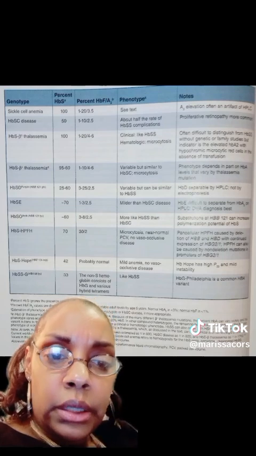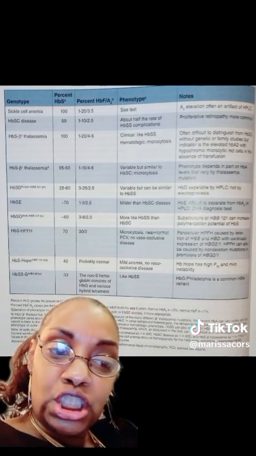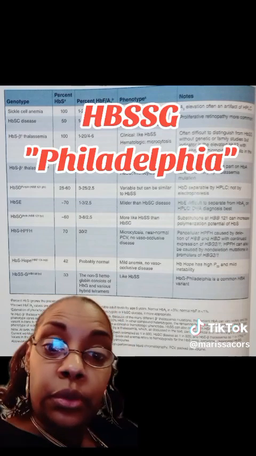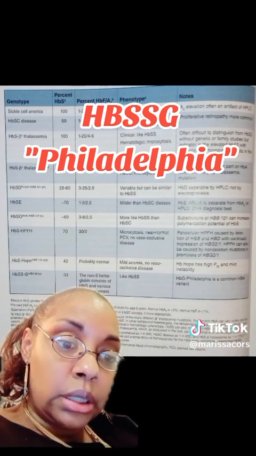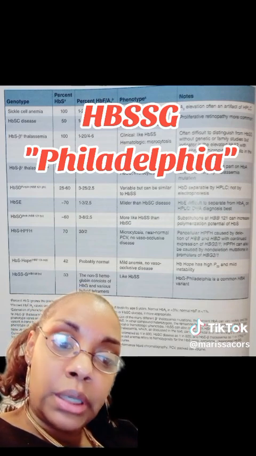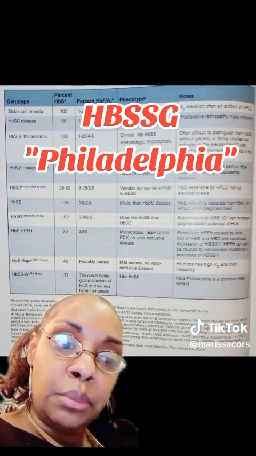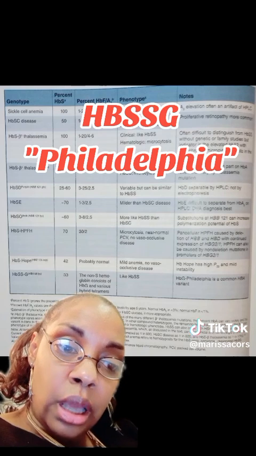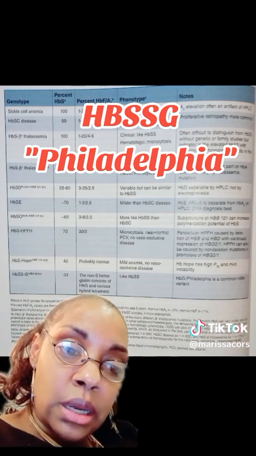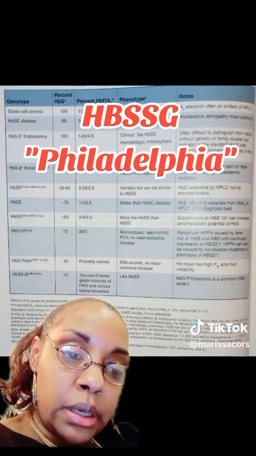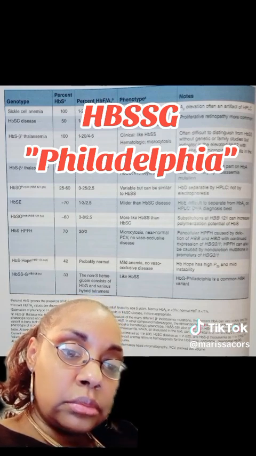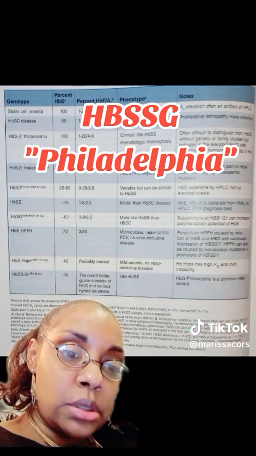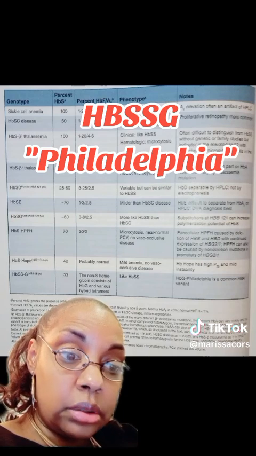And then finally, HbSG, 33% of hemoglobin S, and the non-S hemoglobin consists of hemoglobin G and various hybrid tetramers.